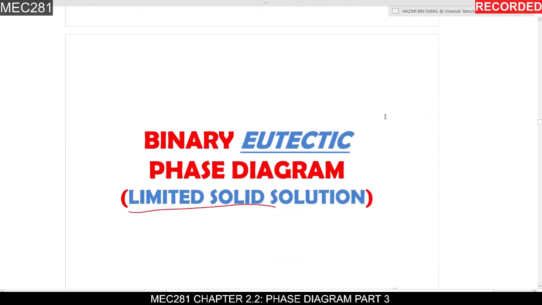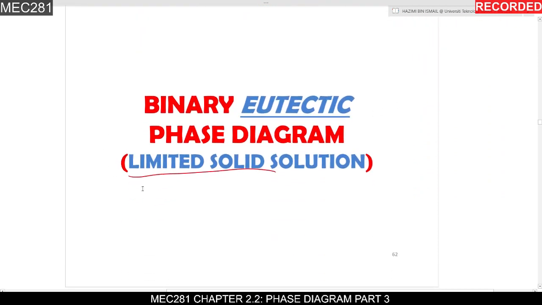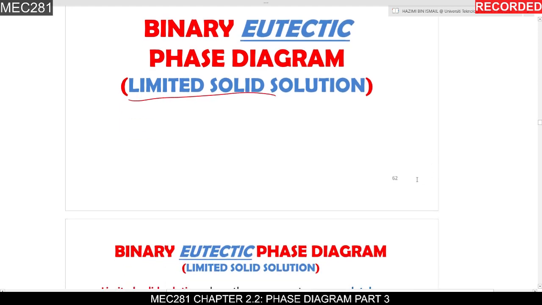So in our syllabus, we also have to learn about the eutectic phase diagram, the same as in the last video, but in limited solid solutions. Before this, we had a binary eutectic phase diagram for a complete solid solution, and for this video, we study the eutectic phase diagram in the limited solid solutions. So without wasting any time, let's get started.